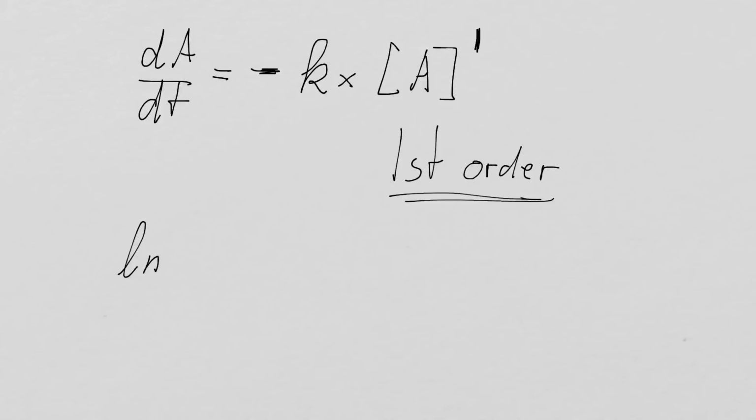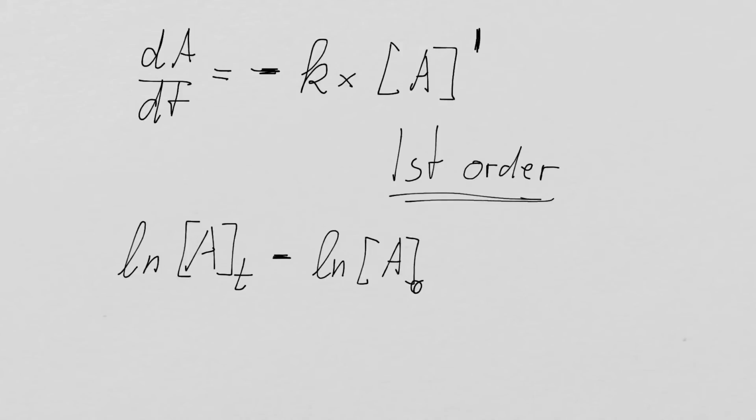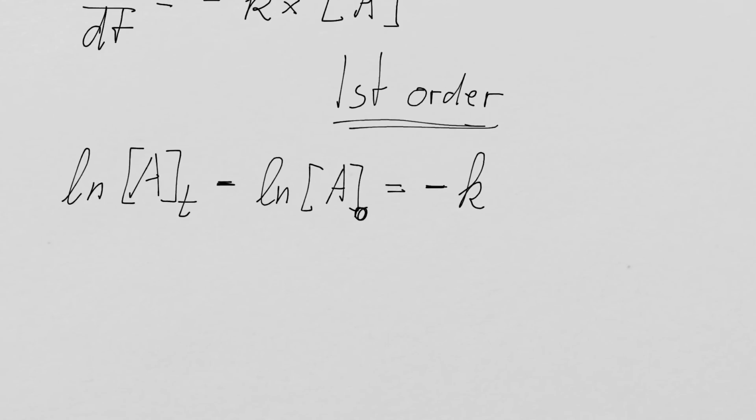It's the ln, natural logarithm of A at the time t minus ln A at the time 0 equals minus k times t at the time t minus t at the time 0.